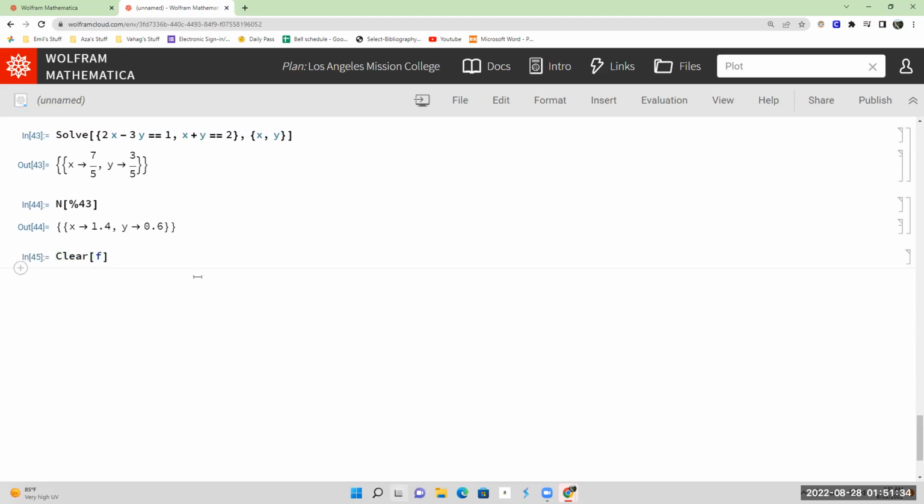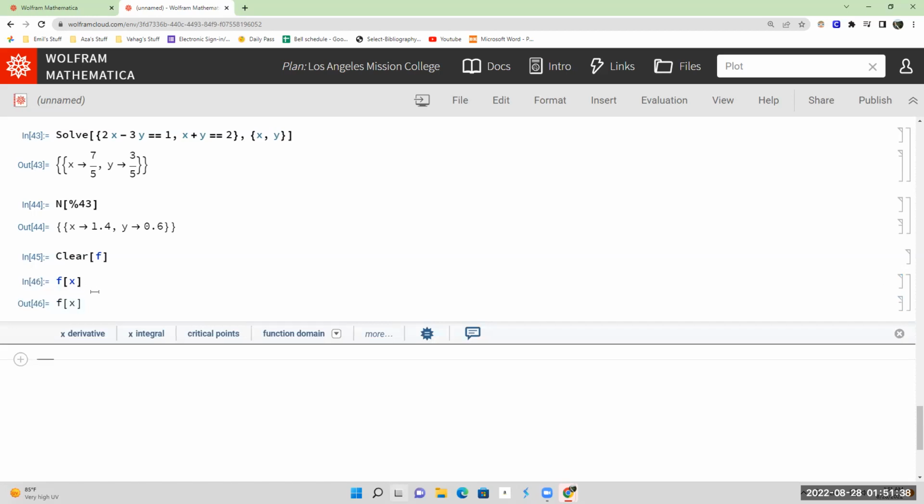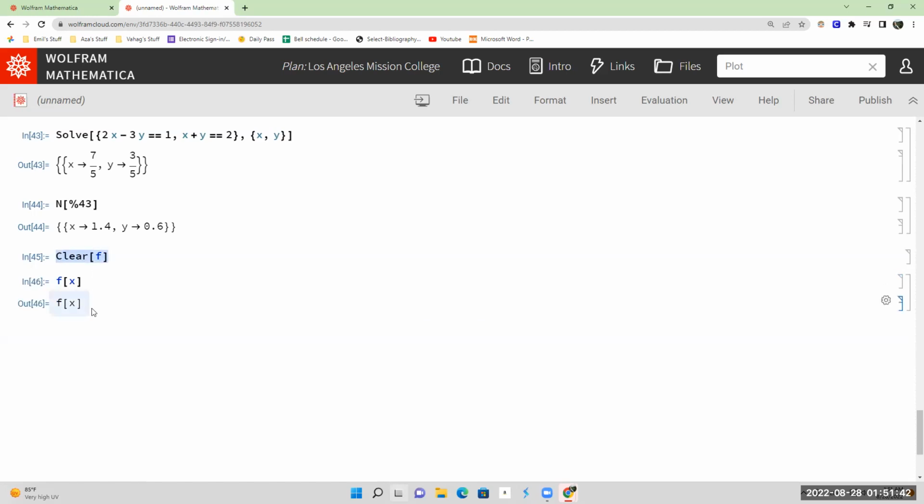If I do this, then if I call what f of x is, it's going to say, well, it's empty, there's nothing. So this is a way for us to clear variables to make sure that they're not busy equaling something else.